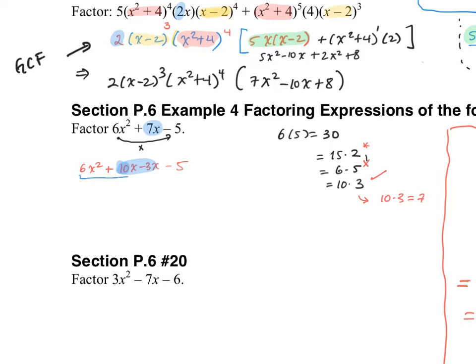We're going to group these 2 with these 2. All right, so for the first one, the GCF is 2x, and then this is 3x plus 5. So this gives you this. Now, in order for grouping to work, you need to get exactly this value, which you can see is almost there.